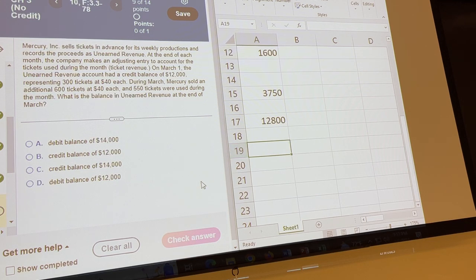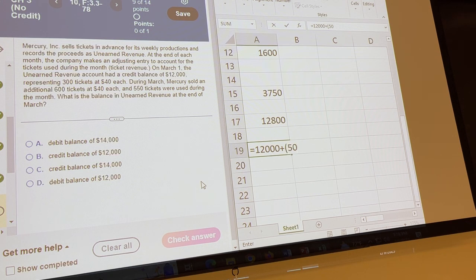So, in March, there were more tickets sold than used. So we started with $12,000 in unearned revenue, and then what we would add to unearned revenue during March would be 50 tickets at $40 each, because we sold 600 tickets and 550 of those are used.